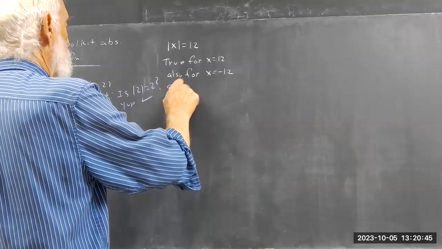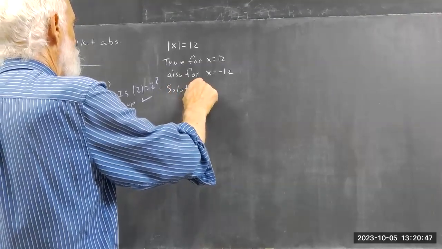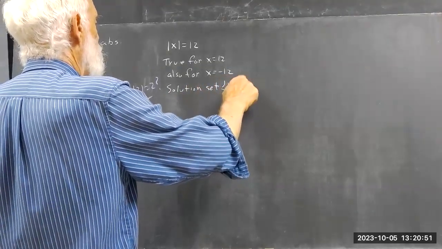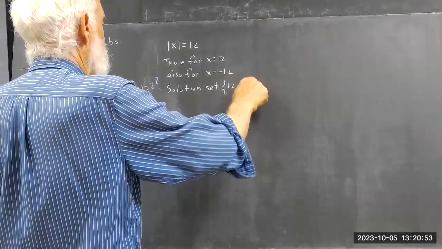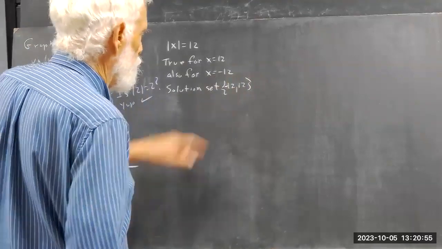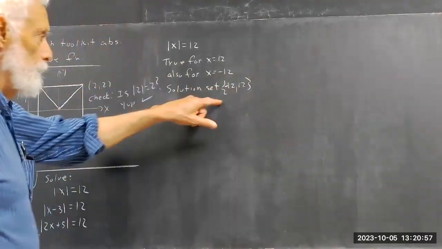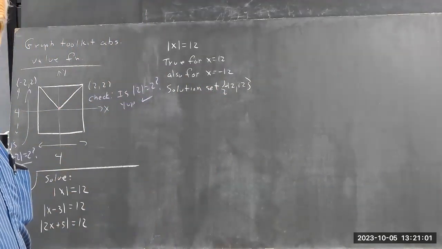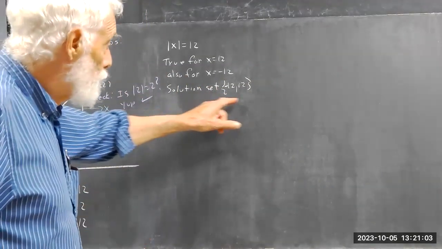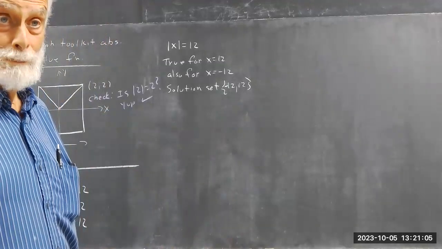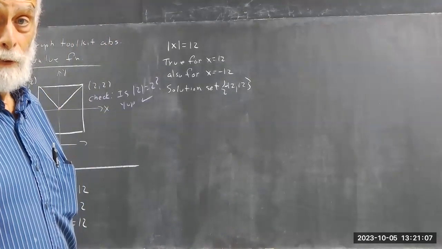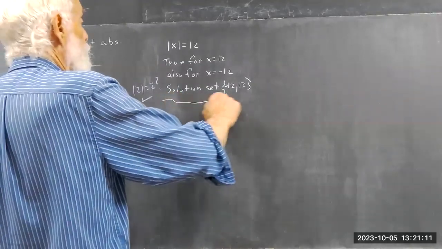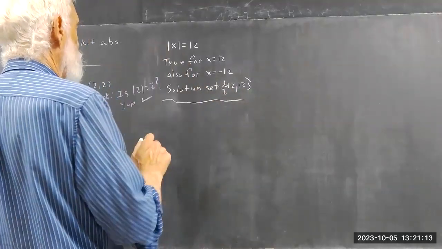So your solution set is a set of numbers, negative 12 and 12. And you want to write it out as a solution set, okay? And the set braces are 4, okay?